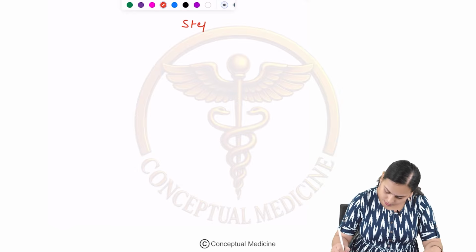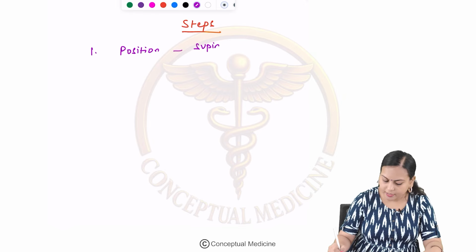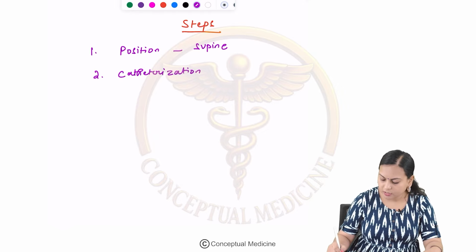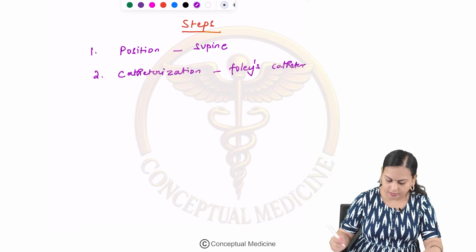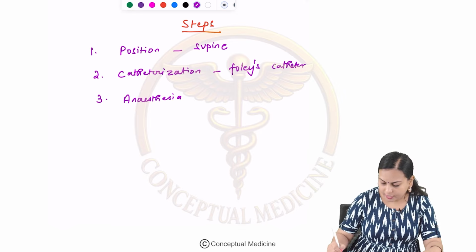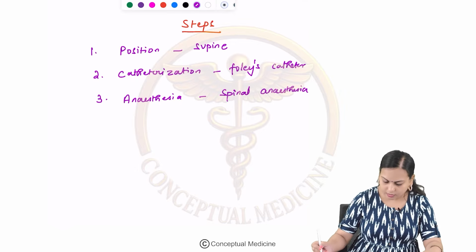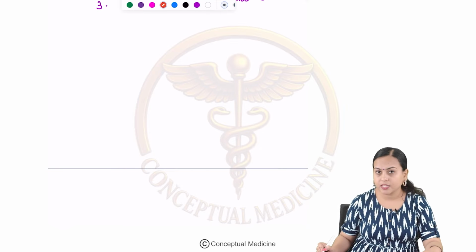So steps of hysterectomy. First is position. You have to make them lie in a supine position. Then you have to do a catheterization. Catheterization will be done using a Foley's catheter. You will give mostly a spinal anesthesia. Now let's discuss the incision.